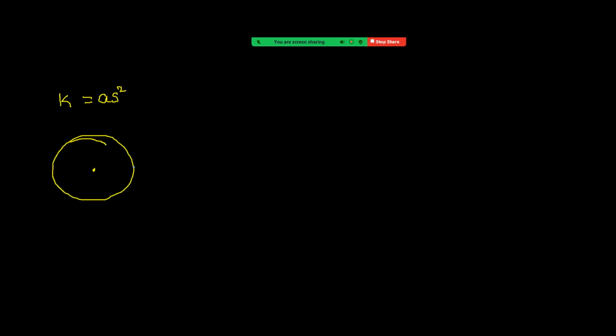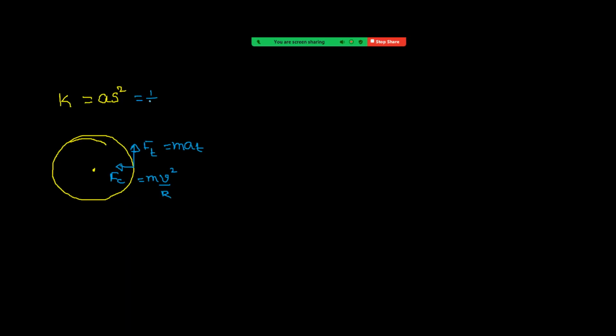One is towards the center, known as centripetal force, and one is along a tangent, the tangential force. Tangential force equals mass into tangential acceleration, and centripetal force equals m v square by r. Okay, let us see from here how to get these two components.